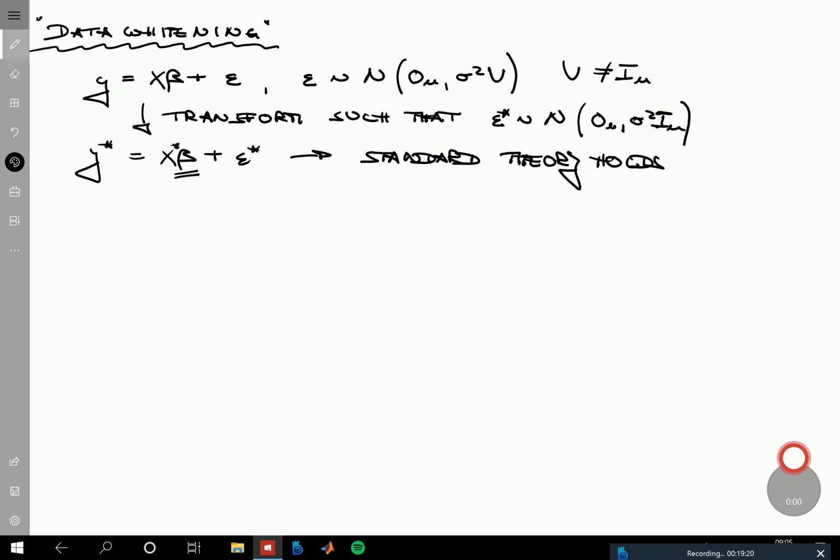Yeah? Now, the matrix that we use for this transformation is of course the same as previously. So what we use here is a weighting matrix, which we define as K minus 1. We call this the whitening matrix.